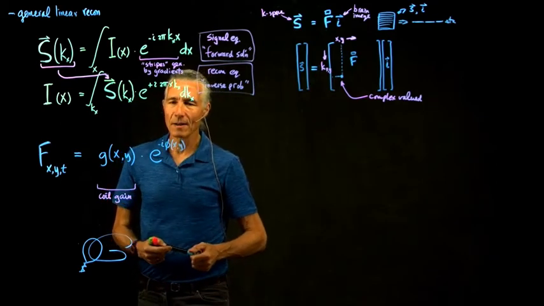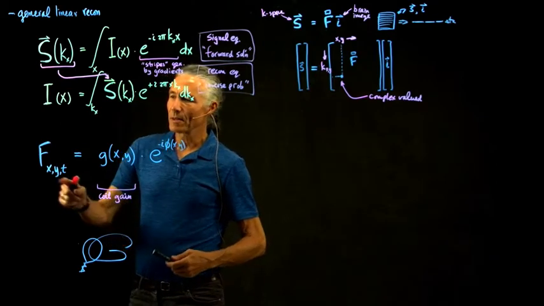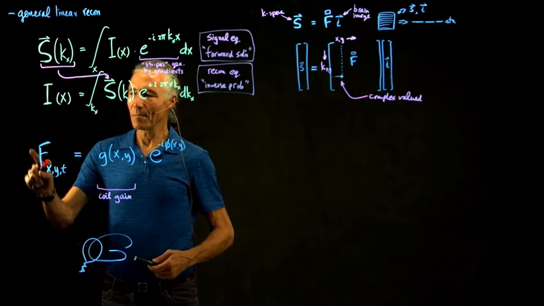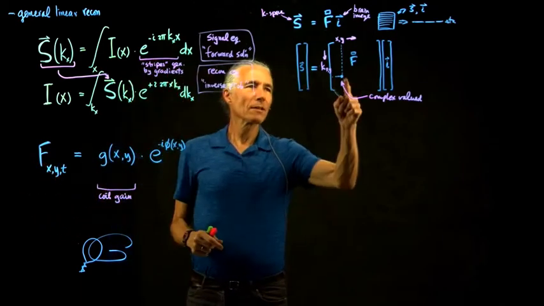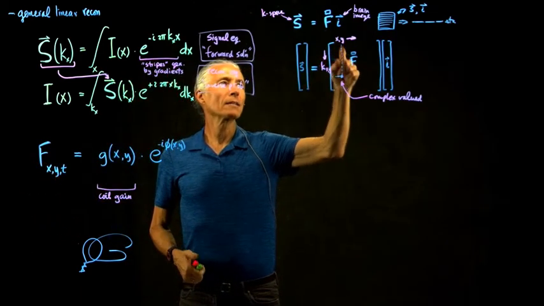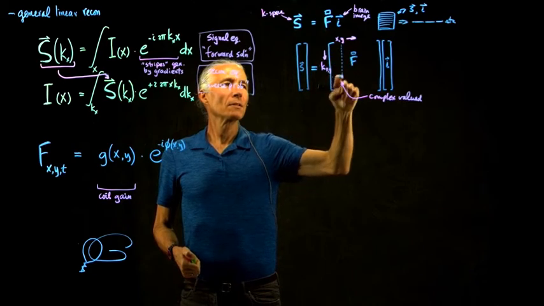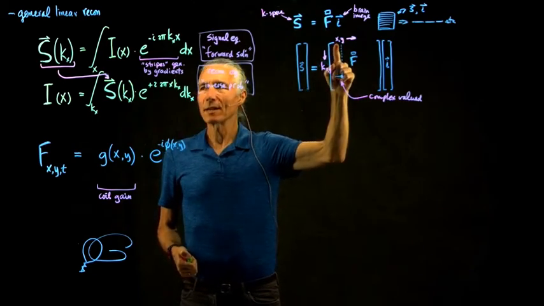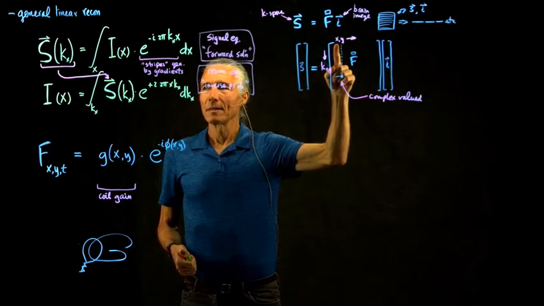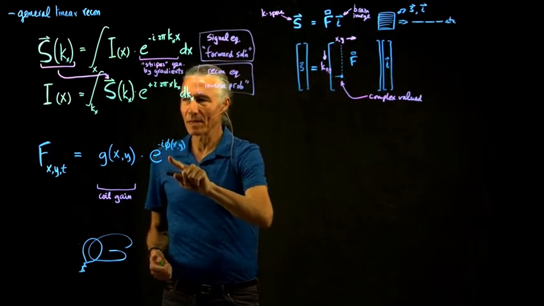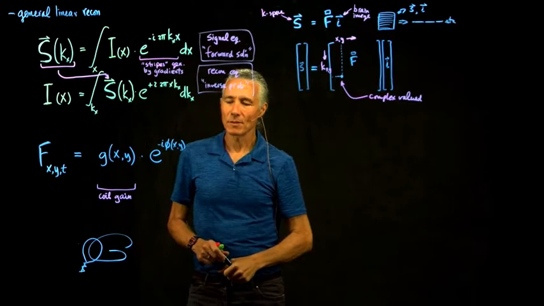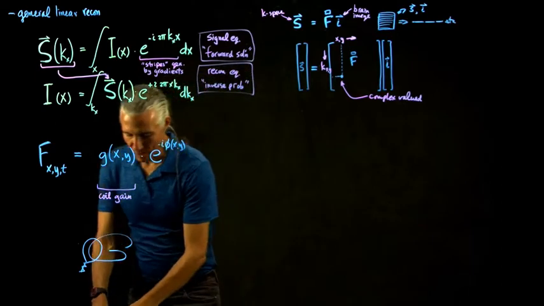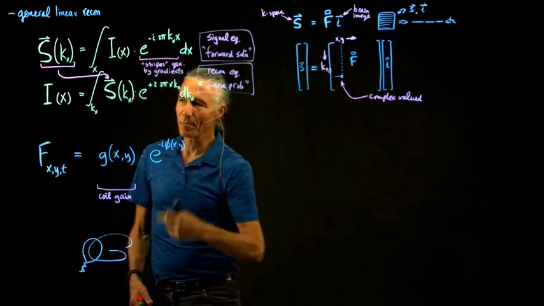And so remember this single number that we're calculating is for a particular spatial frequency and a particular XY point in the brain. So this number is going to be different at each one of those XY points in the brain. And what this would do is, again, these are imperfect.